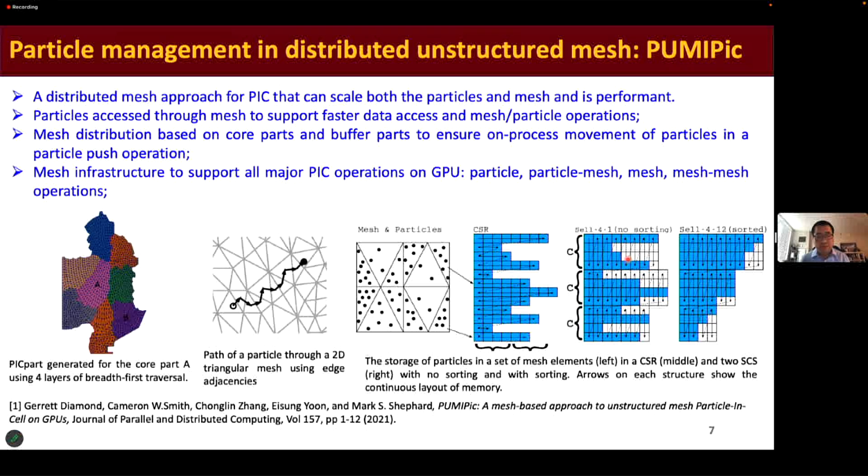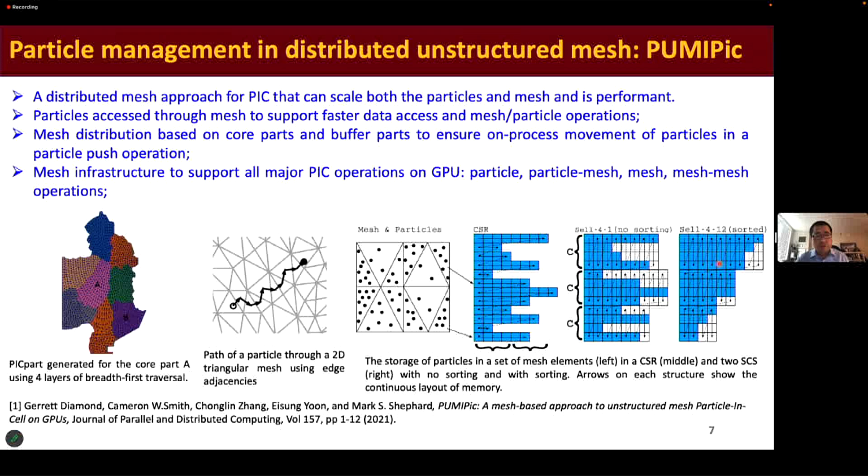Based on other people's work, he came up with this very nice data structure, called the Cell C-sigma structure, to store the particle information on the GPU memory. I will not go into the details since it's very involved.